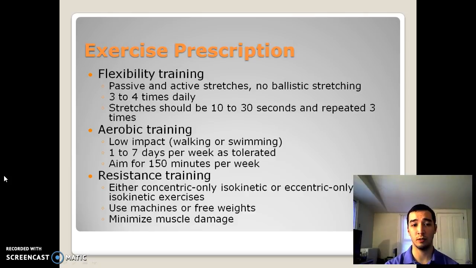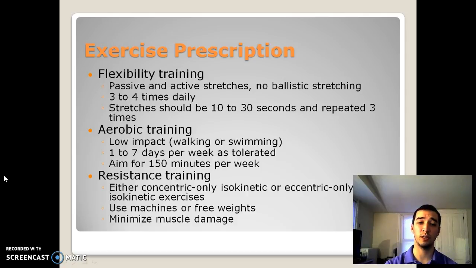For aerobic training, we want to do low impact training, so walking or swimming, and actually aquatic training is really good for those with muscular dystrophy. You should try and do 1 to 7 days per week, but only if they can tolerate the amount. And you want to aim for about 150 minutes per week of aerobic training.